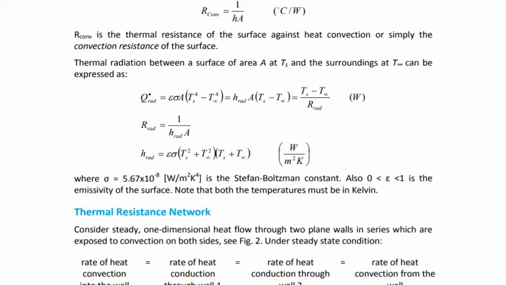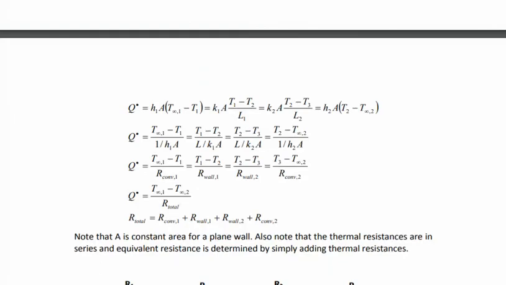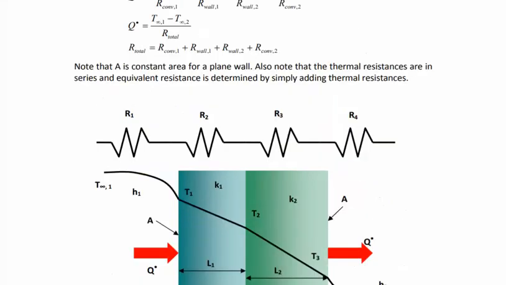For this, the rate of heat convection is equal to the rate of heat conducted through wall 1, equal to the rate of heat conduction through wall 2, and equal to the rate of heat convection from the wall outward. This is the network you can see in the diagram.